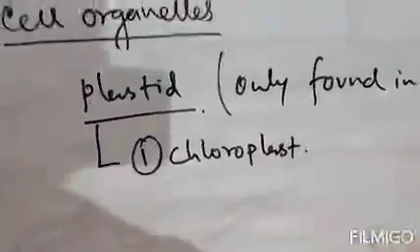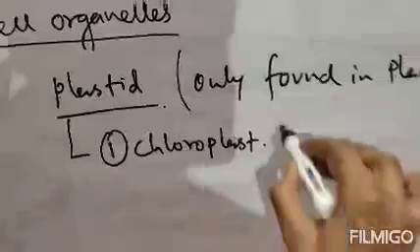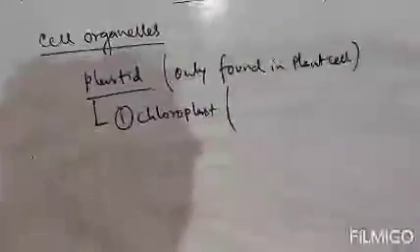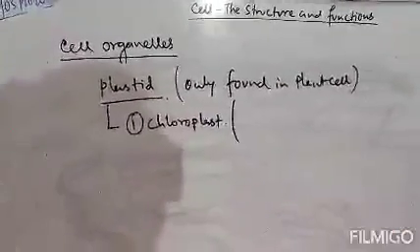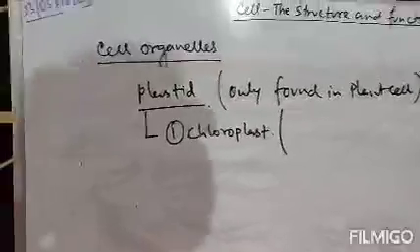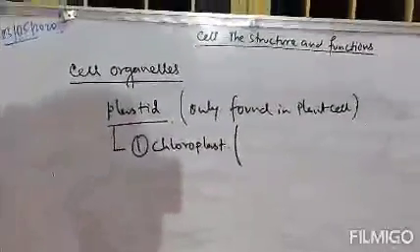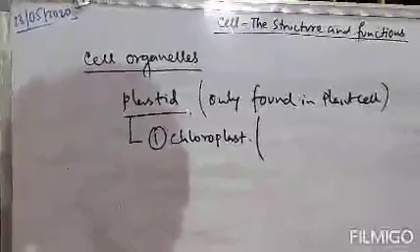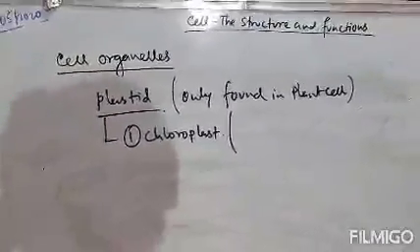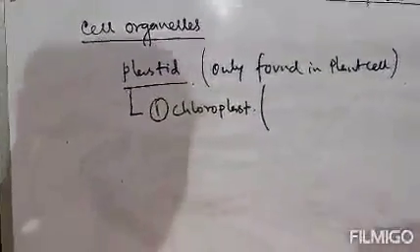Number one is the chloroplast. Chloroplast contains a green pigment. The name of the green pigment is chlorophyll. You have heard the name. What is chlorophyll? Chlorophyll is the green pigment present in the chloroplast.